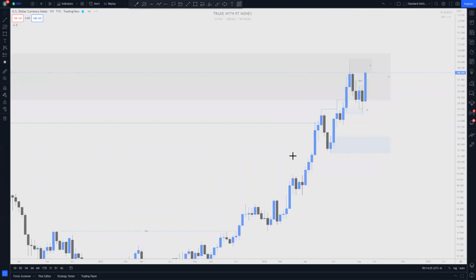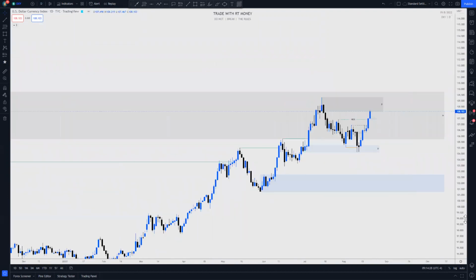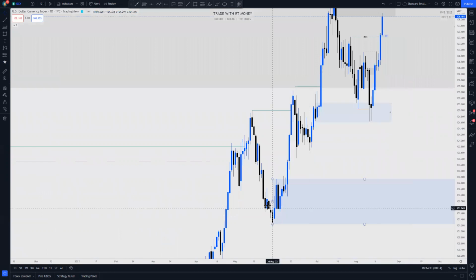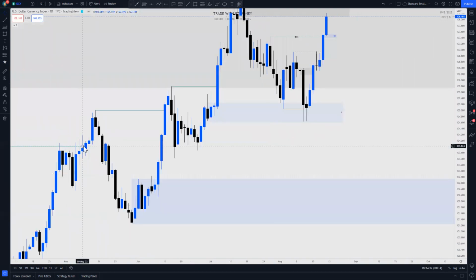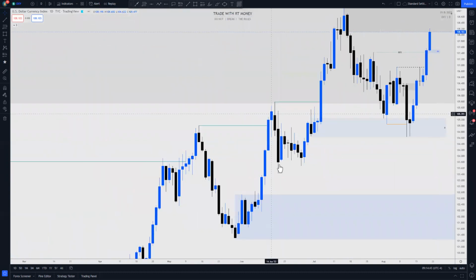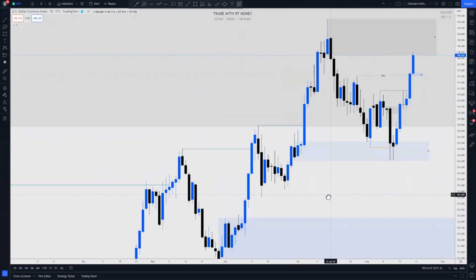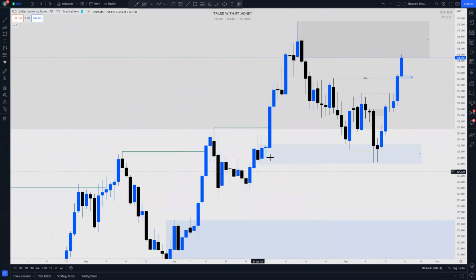On the daily, we can see that we had a nice break of structure here. A pullback, a break of that high, that structure. Another pullback. Now whether you have this as a major pullback or a swing pullback doesn't really matter because it was broken anyway, broken to the upside.